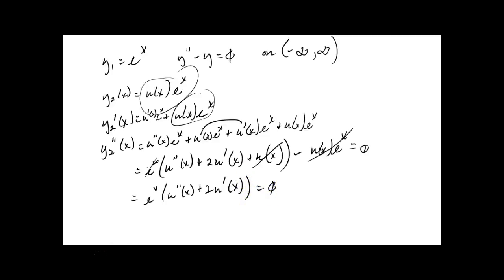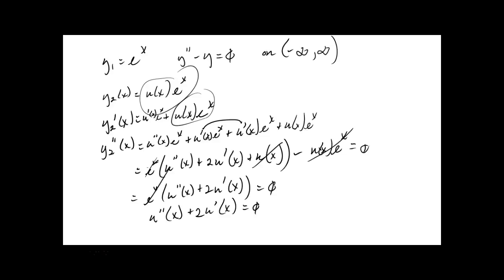Now obviously e to the x is never 0, so you could divide that out. So what we wound up with is u double prime of x plus 2 u prime of x is equal to 0. That's what they have here. And since e to the x is not 0, that just leads to this: u double prime plus 2u prime equals 0.